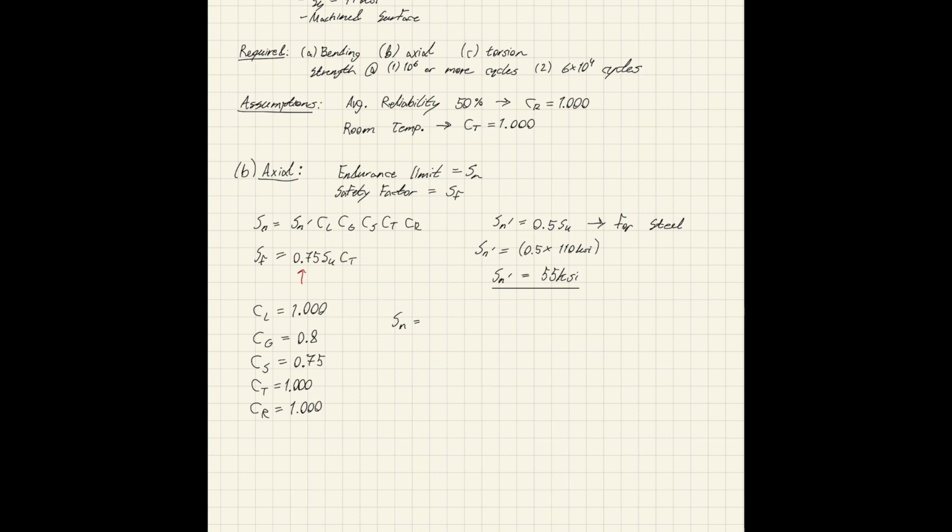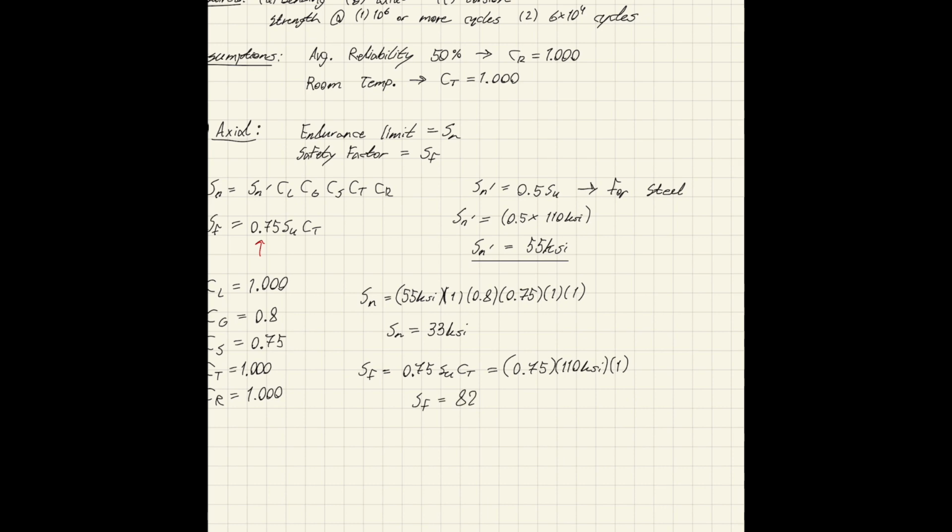Now, let's calculate SN for axial loading. We have 55 KSI times 1 times 0.8 in this instance, times 0.75 times 1 times 1. Our SN is therefore equal to 33 KSI. And our SF is equal to 0.75 times SU times CT, which is 0.75 times 110 times 1.